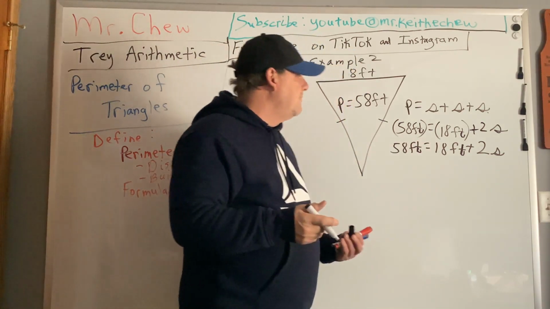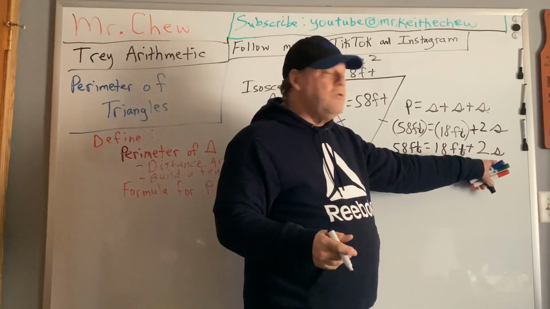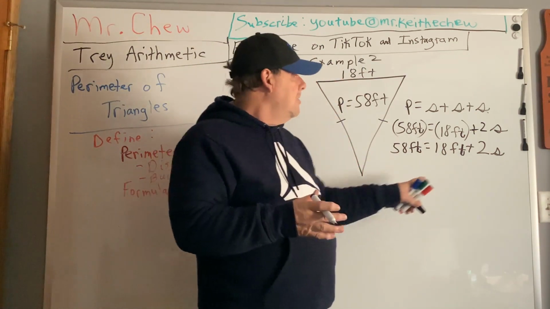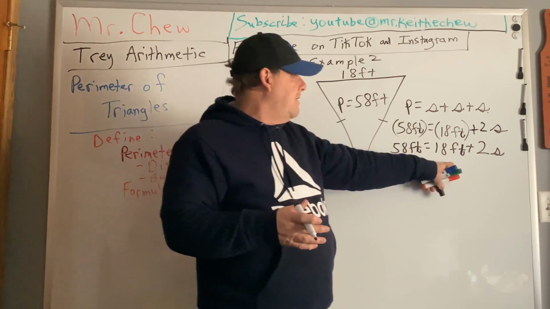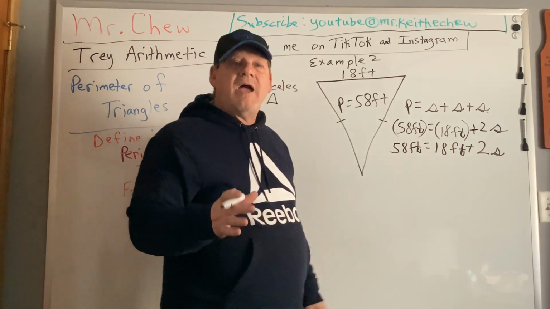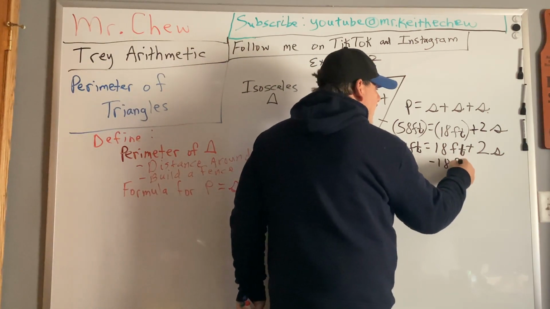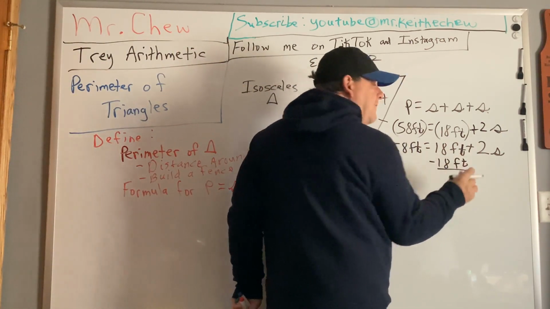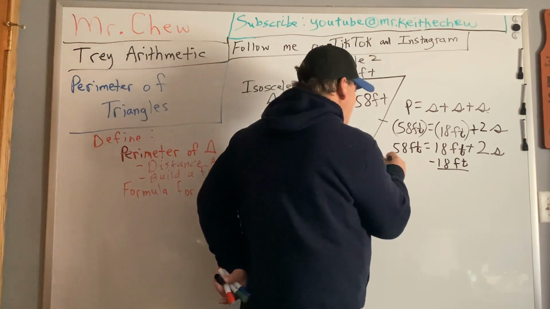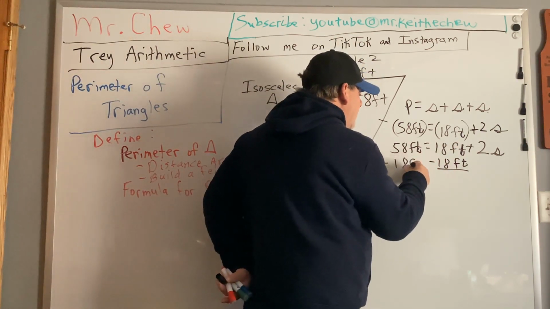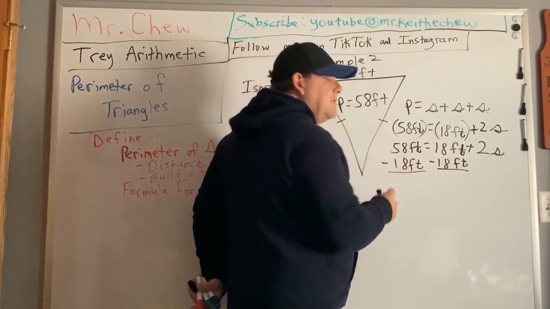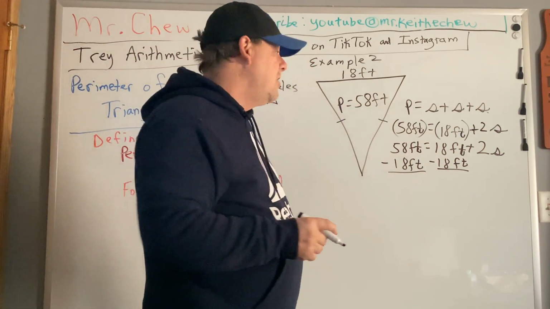So how do I solve this? Well, I need to get the 2s by itself. So I do the inverse or opposite of adding 18 feet. This is basic algebra that I teach in Bare Algebra. So I subtract 18 feet from the right using the subtraction property of equality. That's what it's called whenever you're listing these in algebraic proofs in geometry.